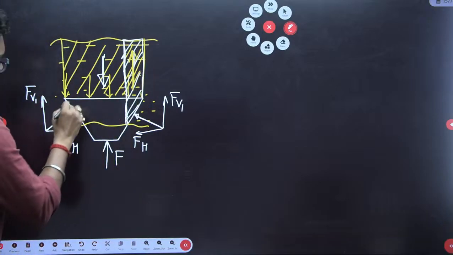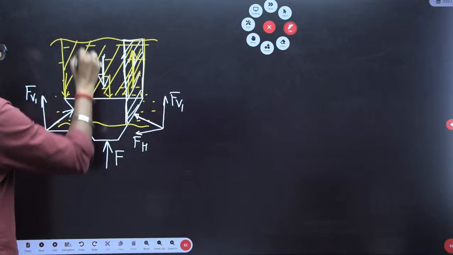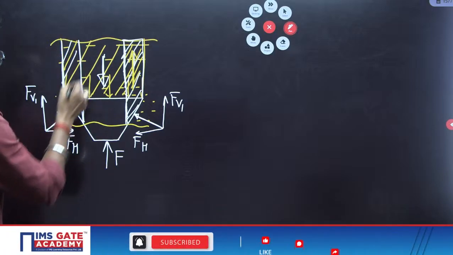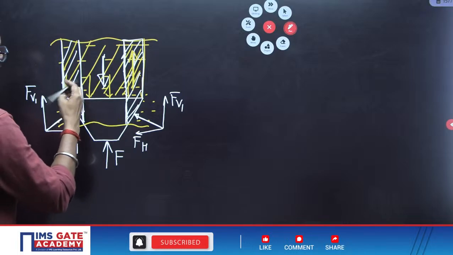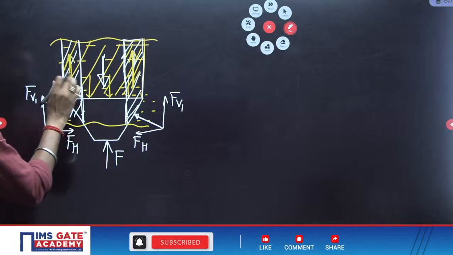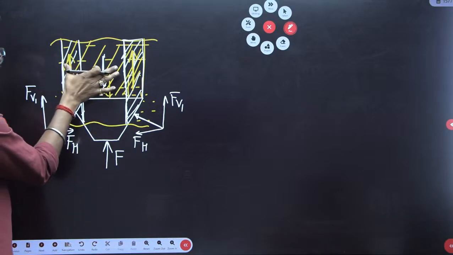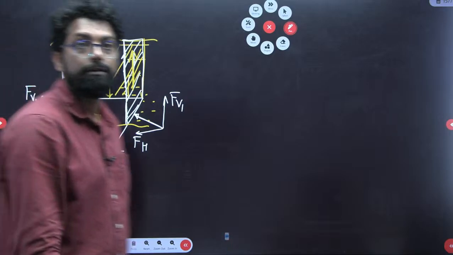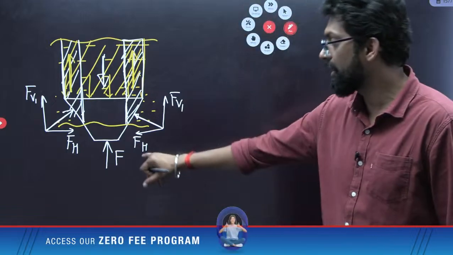In this one, take the vertical projection up to the free surface, so it will also act upward. So if you take the net, these two upward minus this one, the net is downward.